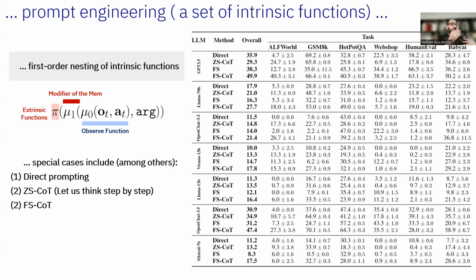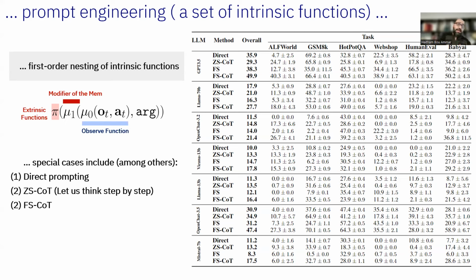So what is so cool about this formulation, to start with, is that it will allow us, with a small number of changes in the code, to write many of the currently existing prompt engineering techniques as a special case of these intrinsic functions, which then later on we can do much cooler stuff with.